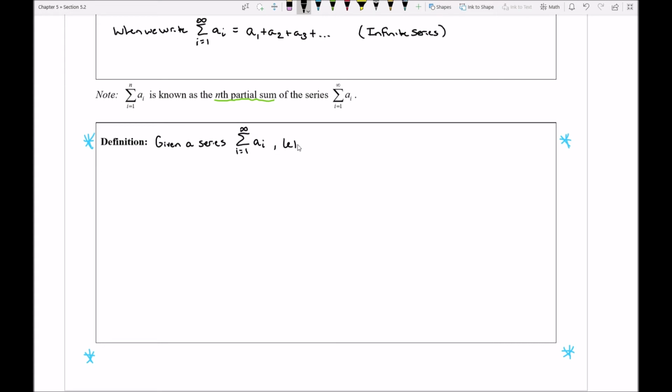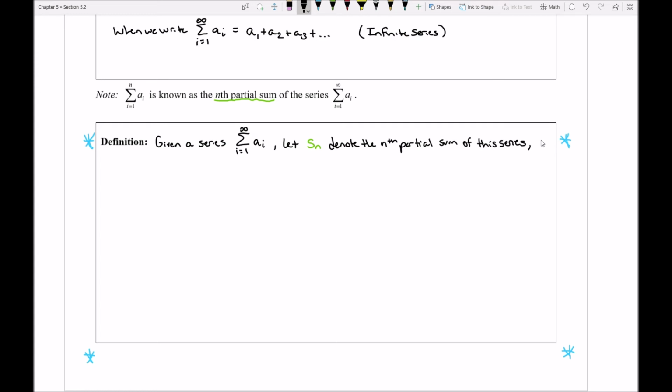How about we let S sub n, my color choice here is very intentional, denote the nth partial sum of this series.